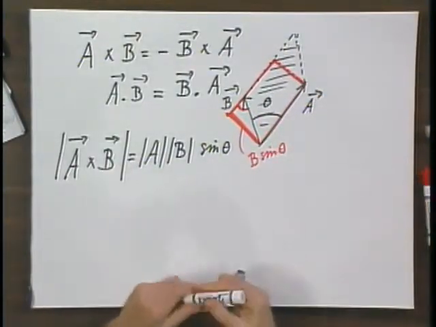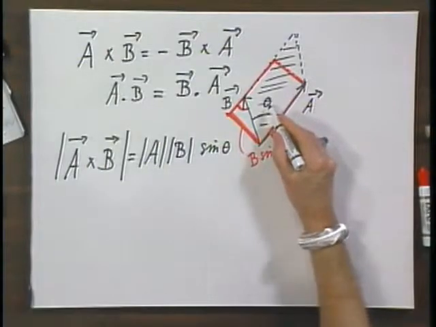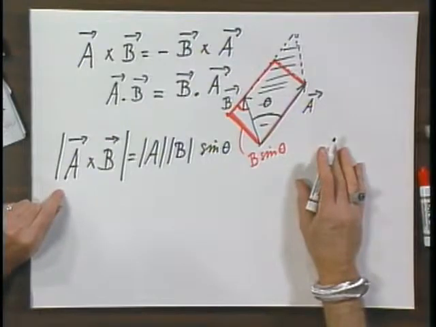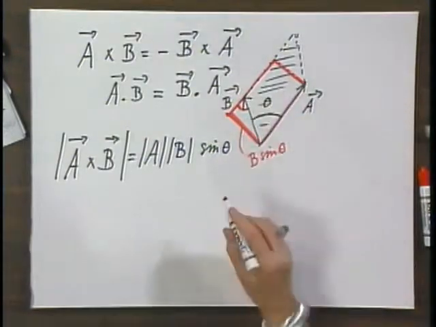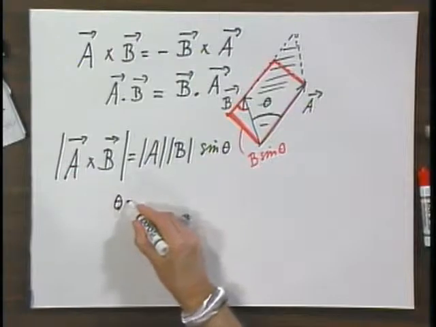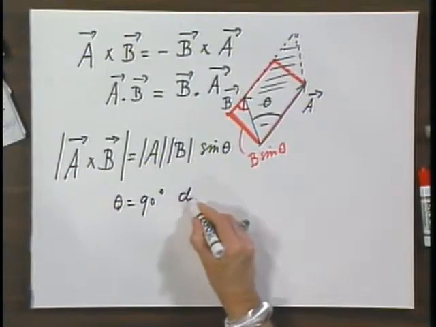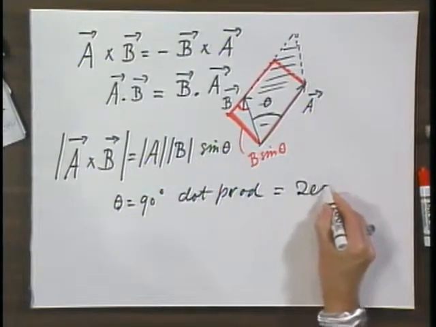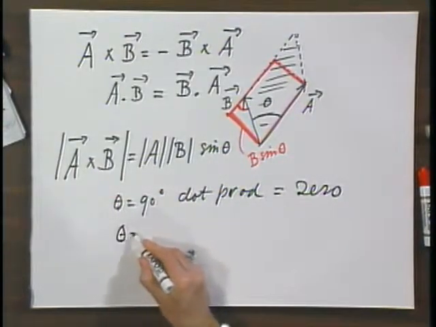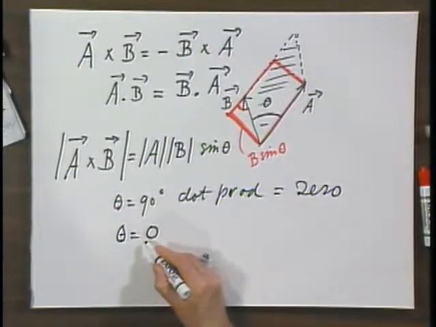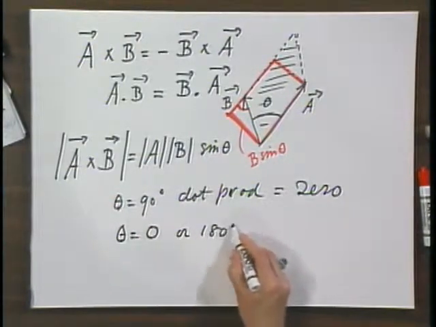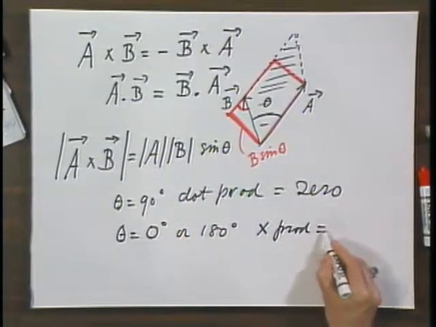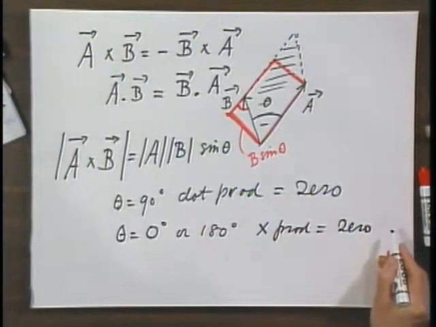So it follows immediately that if theta is 0 degrees or 180 degrees, the cross product is 0. The dot product is 0 when theta is 90 degrees. When theta equals 0 degrees or 180 degrees, then the cross product equals 0.